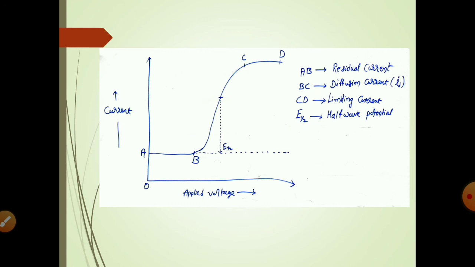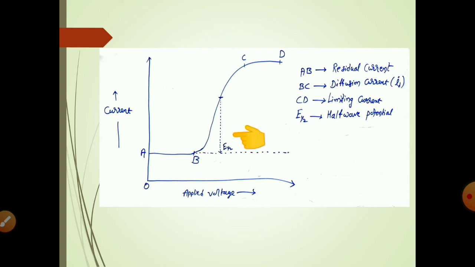Now let's see the portion CD. It represents the limiting current. After point C, all the ions reaching the electrode surface get reduced immediately and the concentration at the surface becomes zero. Thereafter, the concentration gradient cannot increase, hence the current attains a steady limiting value. So this is called the limiting current, which represents the portion CD.